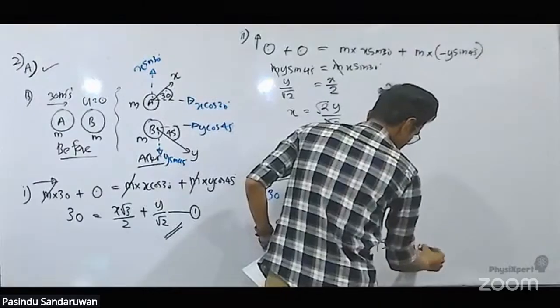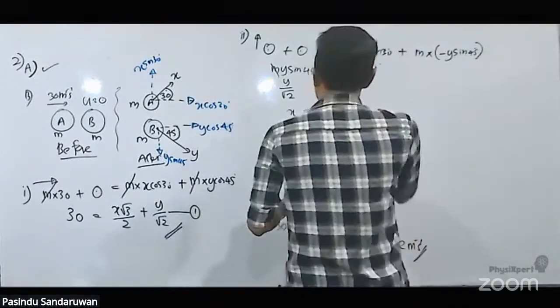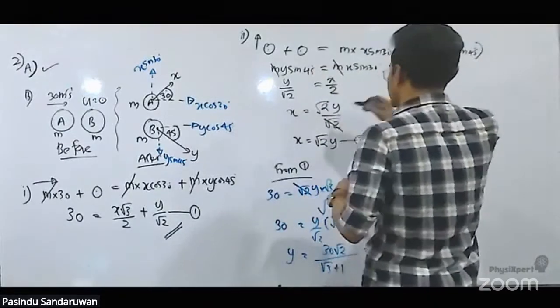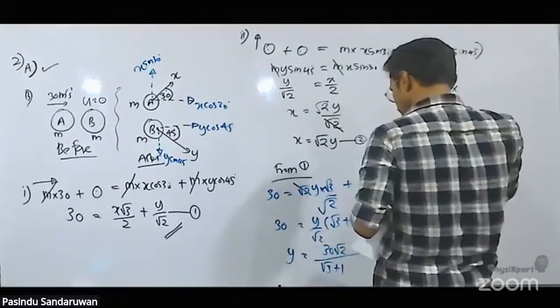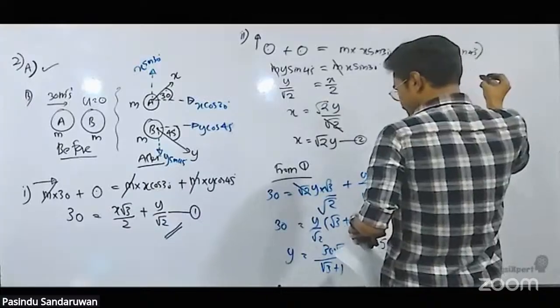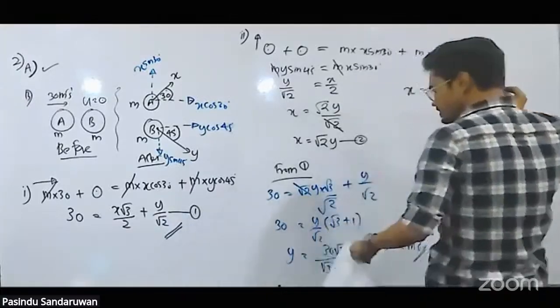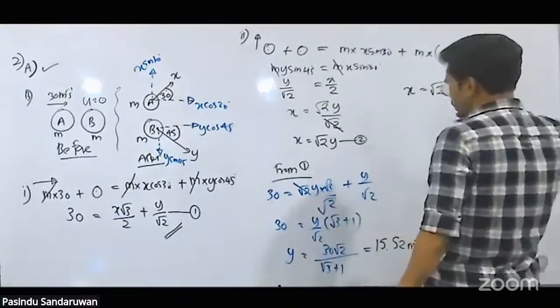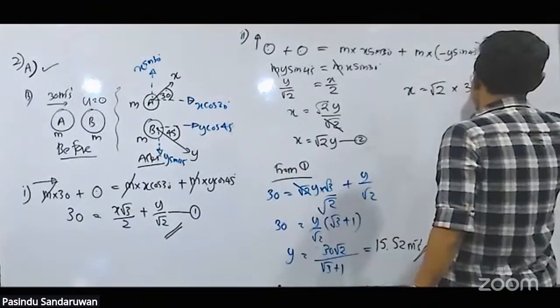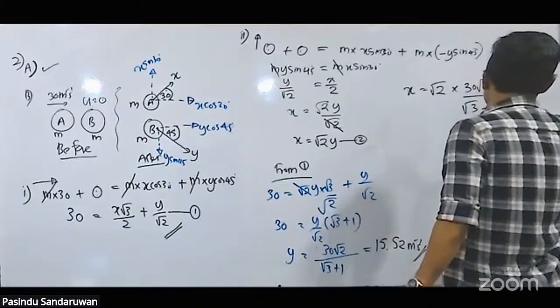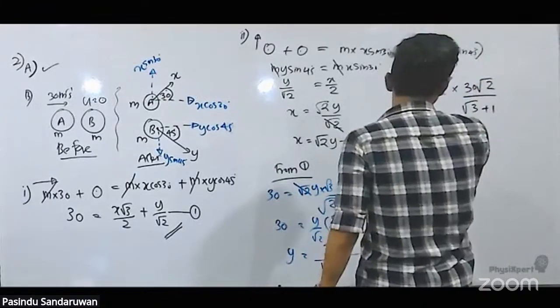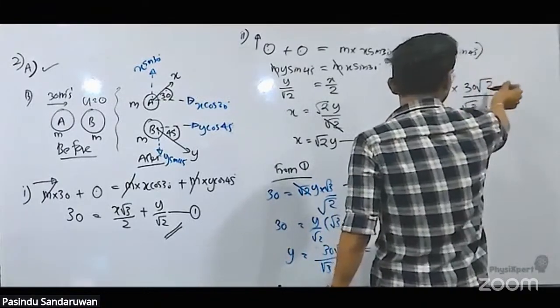15.52 m/s. And we need x from here, x equals root 2y. So if needed, you can plug this value, then root 2 cancels. Right? Root 2 times root 2 is 2. 2 times 30 is 60.